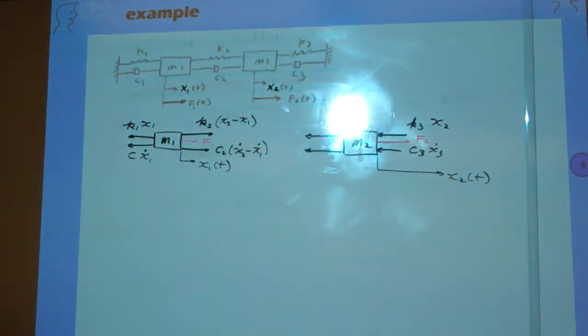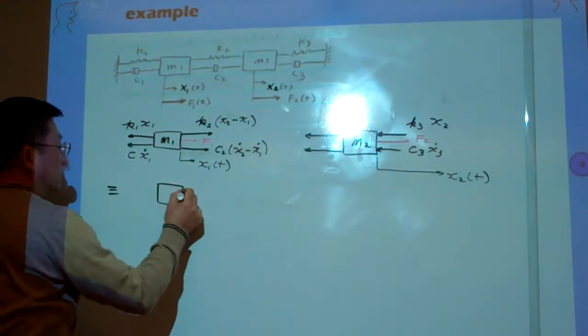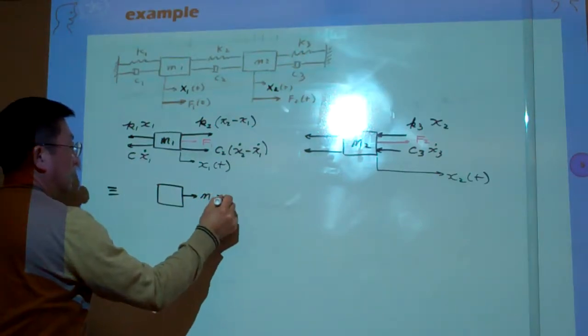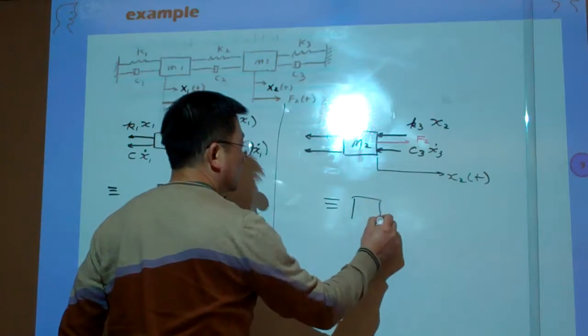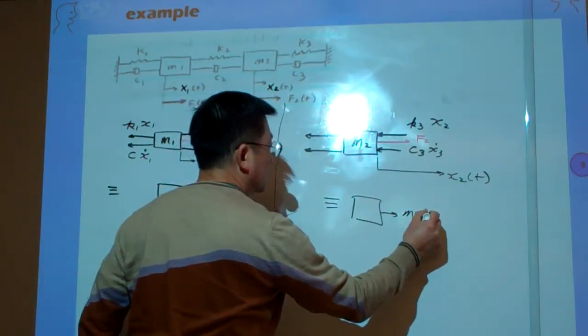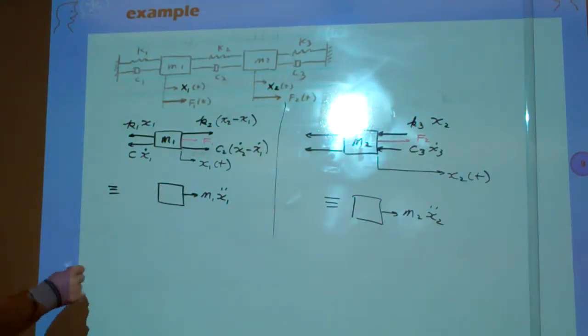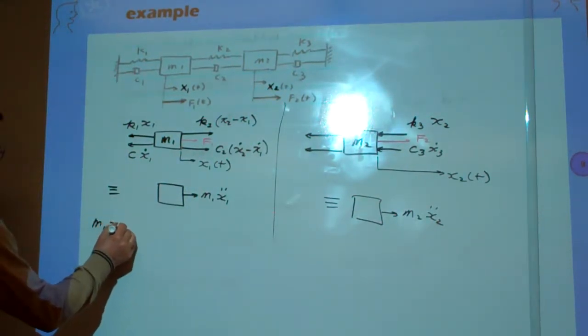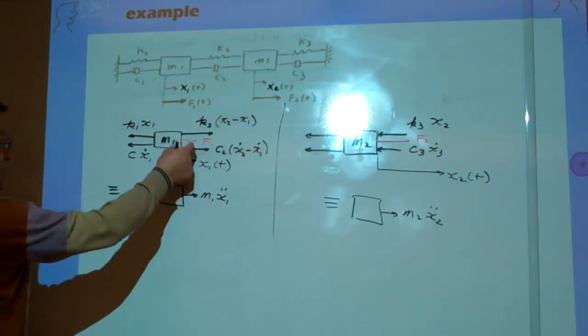Okay, so that is the free body diagram, and using Newton's second law, this would be equivalent to M1 x1 double dot, and this one will be equal to M2 x2 double dot. So we take the summation: M1 x1 double dot will be equal to all the forces taken together.